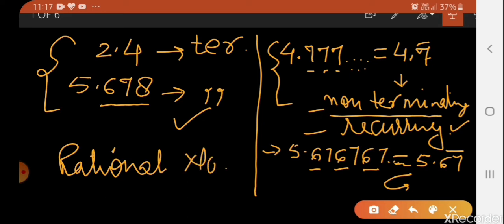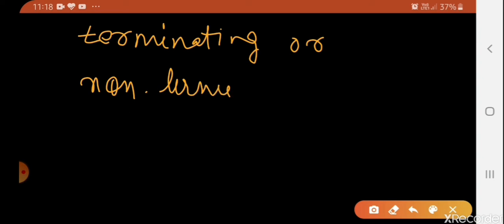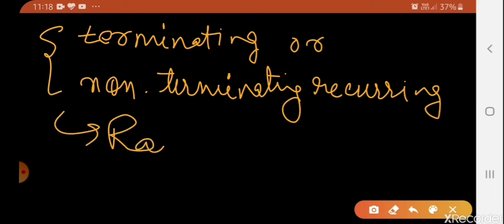So we can say there are two conditions to be rational. Either the number should terminate, or if it is not terminating, then it should be a non-terminating recurring number. If there is any number which fulfills either of the two conditions, it will be a rational number. Okay.